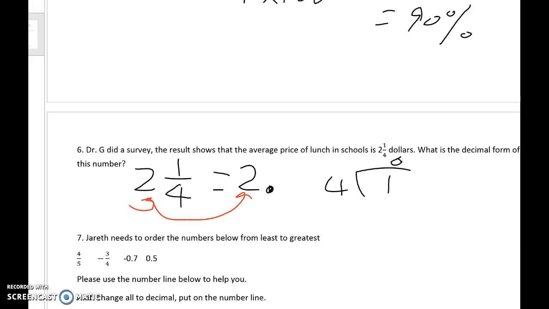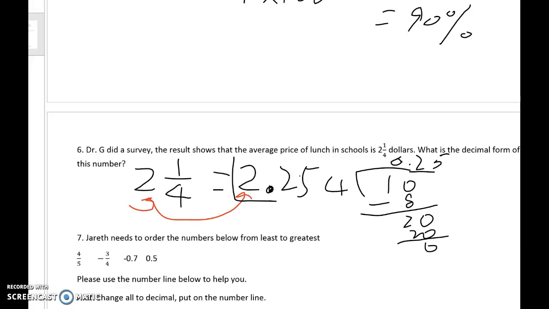So 1 divided by 4 we have 0.25. When we see the decimals, we match the two decimals together, and then we see that the whole part will be 2 and the decimal part is 25 hundredths. That's it.